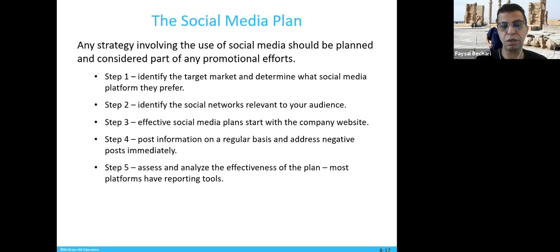Now, any strategy involving the use of social media should be planned and considered part of any promotional effort. Keep in mind, it is an effort, so there is a cost attached to it. First, you need to identify the target market and determine what social media platform they prefer.